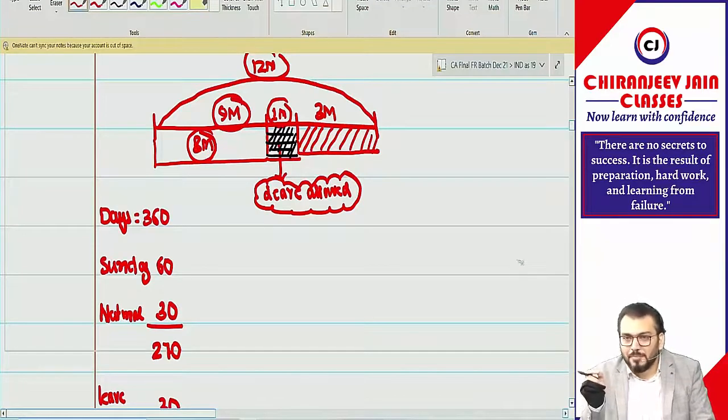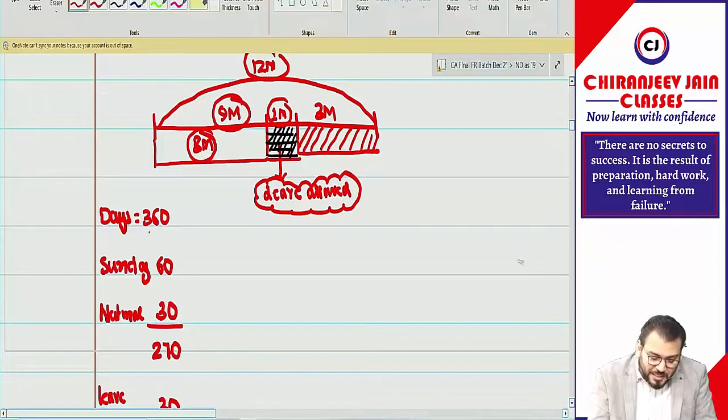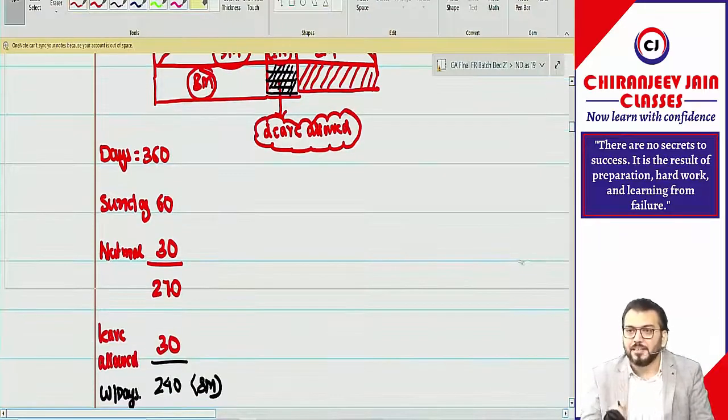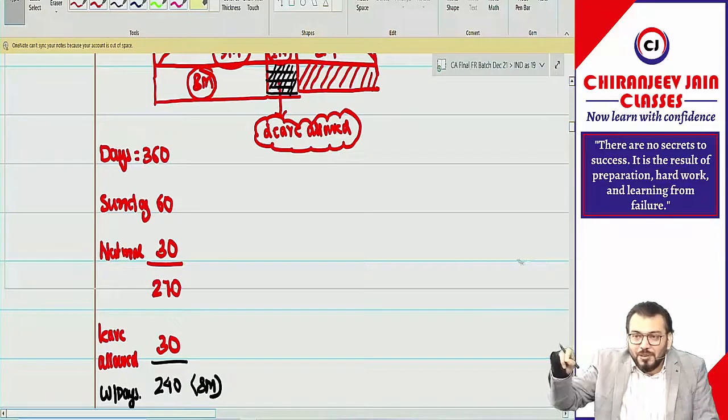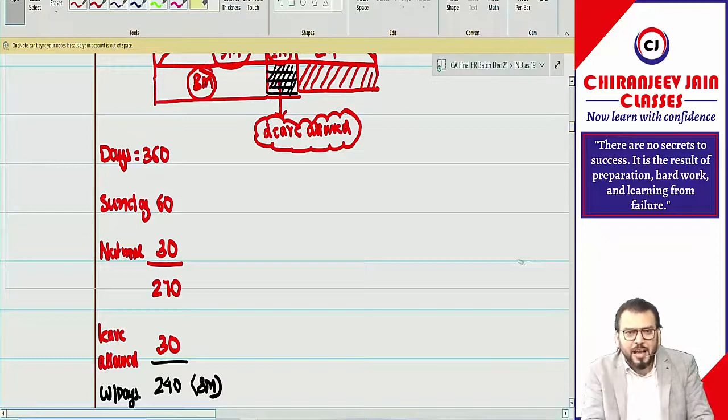I calculated salary per working month: did I do 30 lakh divided by 9 or 30 lakh divided by 8? I did 8. So the number of working days should be excluding leave allowed. That only I have explained.